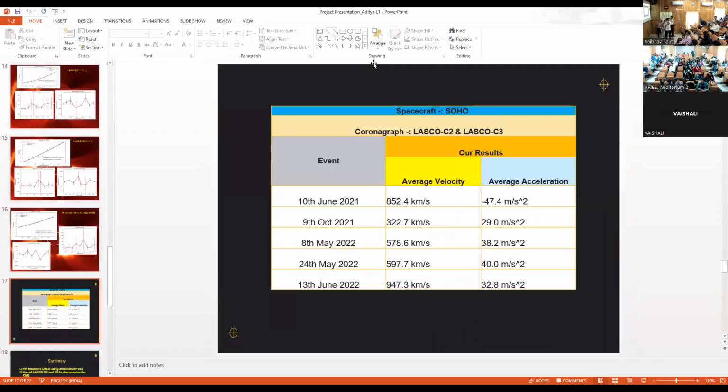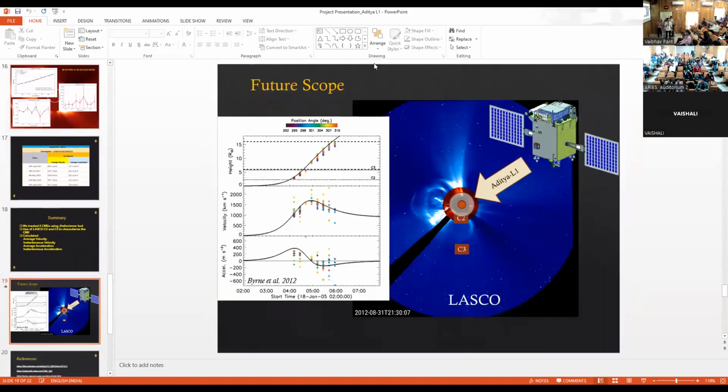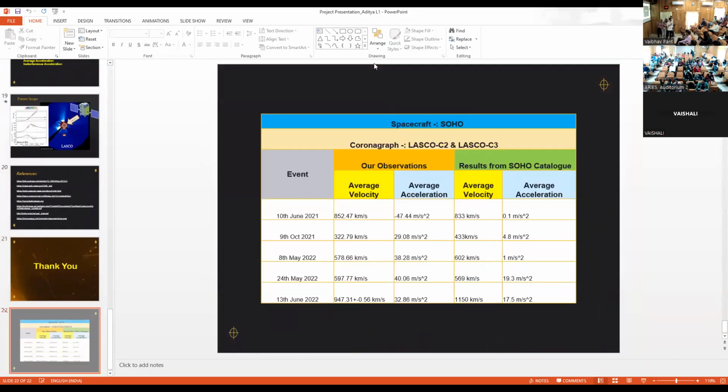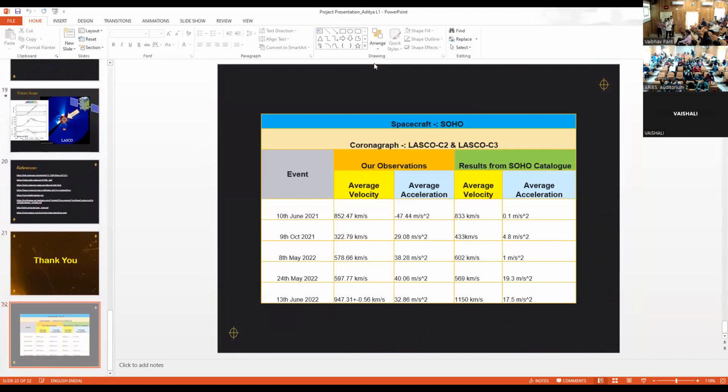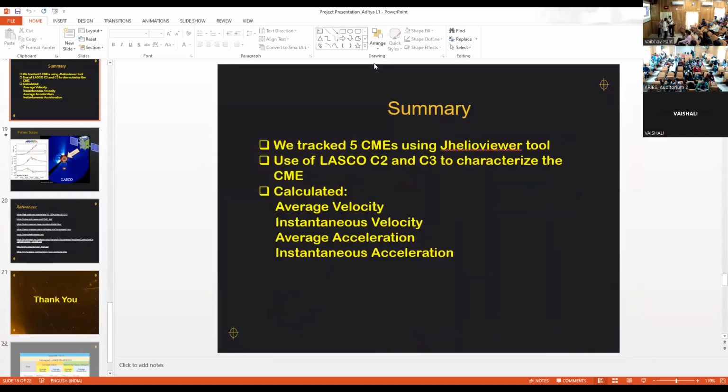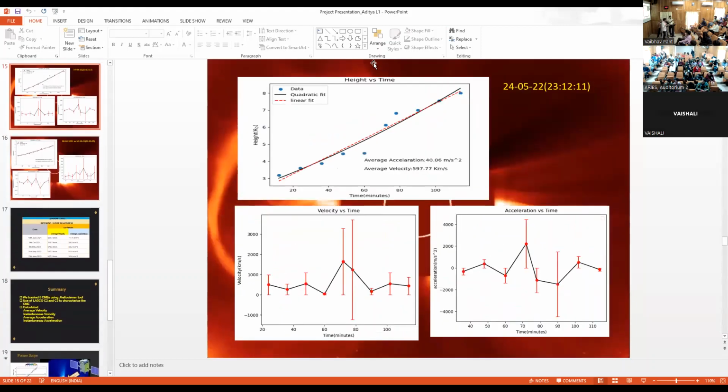From the height versus time graph, after doing a linear fit, we get average velocity, and after doing a quadratic fit, we get average acceleration. The average acceleration is not something constant. When we calculate average acceleration, we get a single acceleration for the CME, but that is not the actual case. The CME initially accelerated, so we have to calculate the instantaneous acceleration.